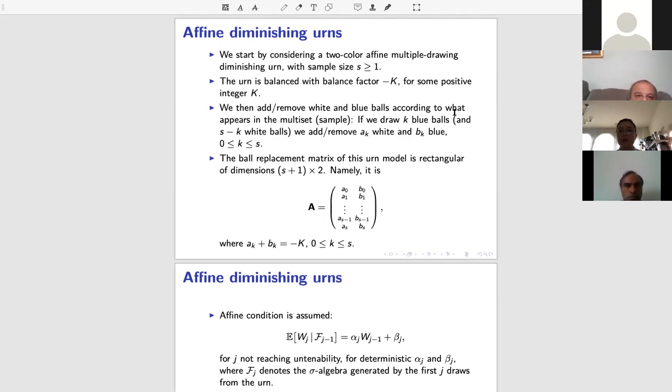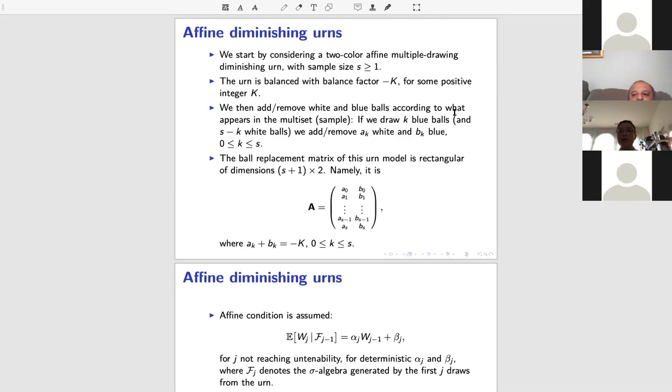In the replacement matrix, AK and BK for each K is the number of white and blue balls we add or remove upon drawing a sample with K blue balls. So again, A0 and B0 are the numbers that we replace when we have 0 blue balls or all white balls in the sample.